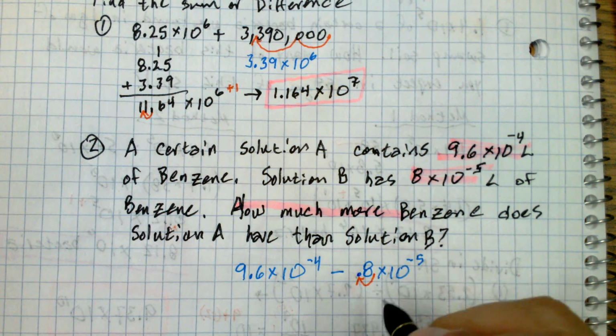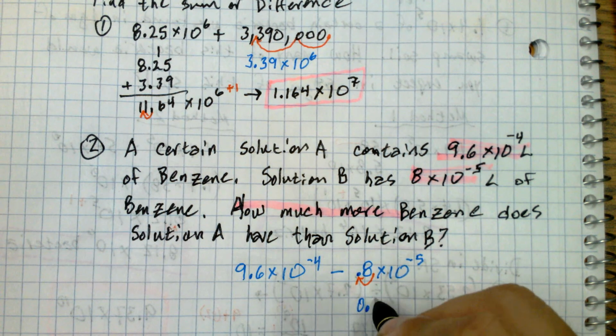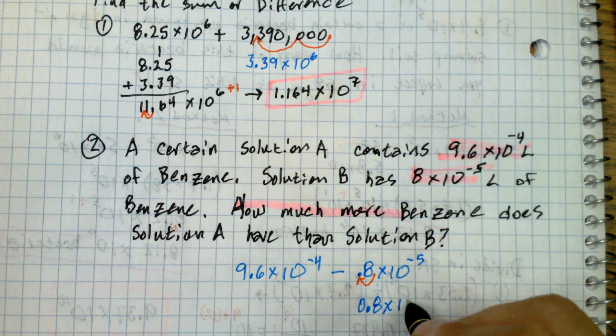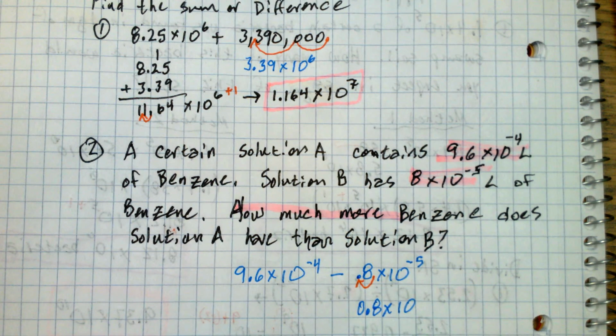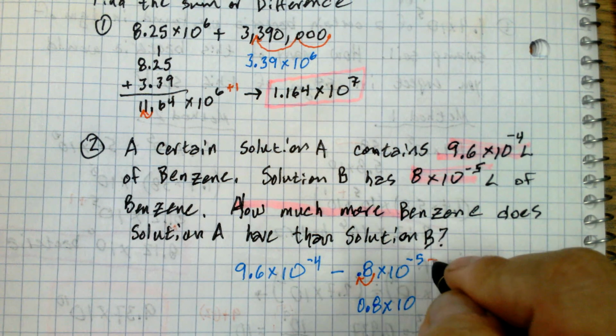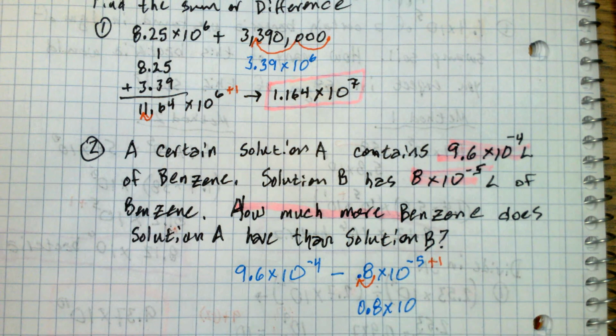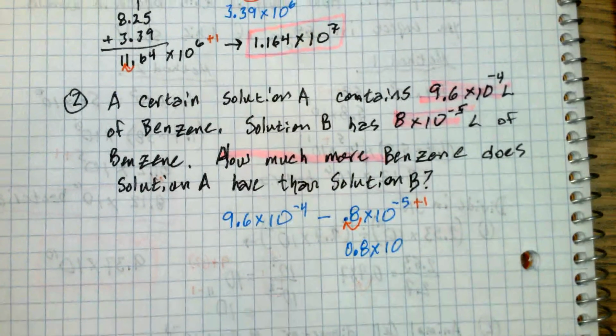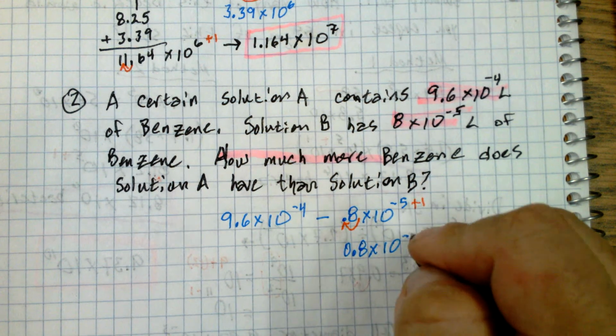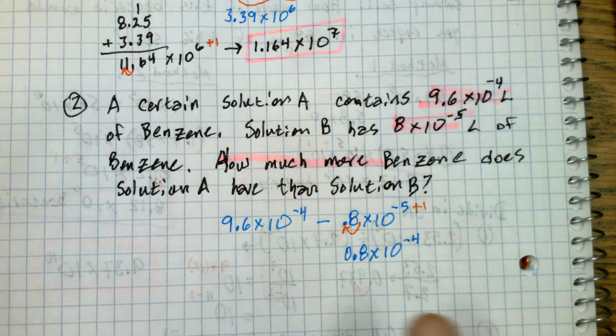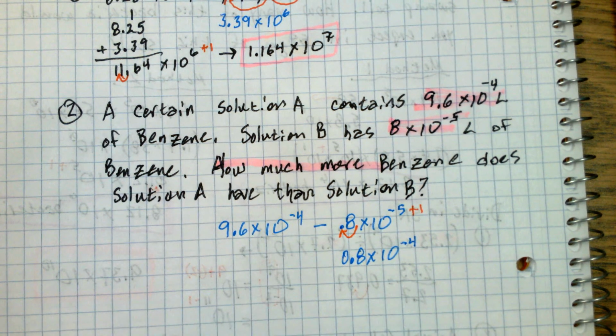Our decimal is now here. 0.8 times 10 to the, I'm just going to show what we did mathematically is add 1 there. We're going to add 1 here. Make that negative 4. So now we're working with these two numbers because they both have the same power, negative 4. Okay, and we have to subtract.